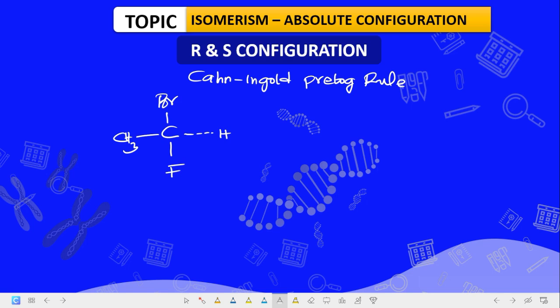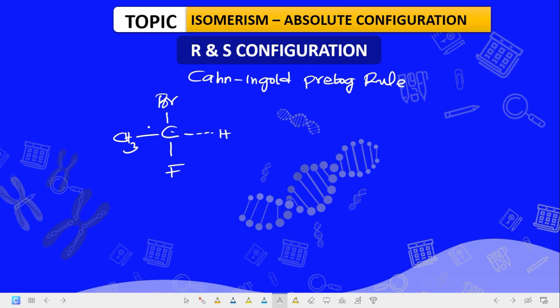Now the first thing you need to look out for is whether this carbon center is chiral or not. Now you agree with me that this is a chiral carbon center. Now let us assign priority to the groups around it in such a way that the one with the highest atomic number has the highest priority.